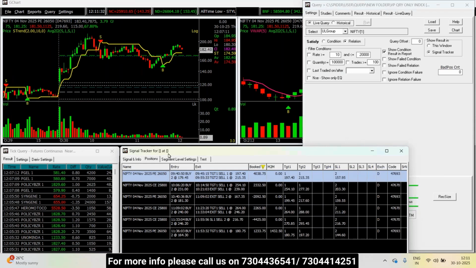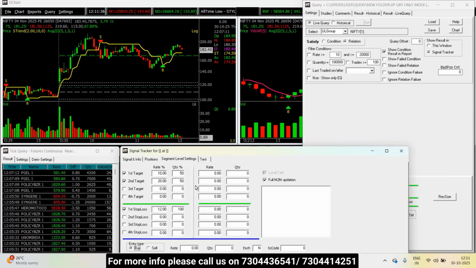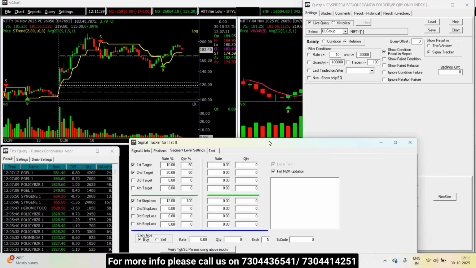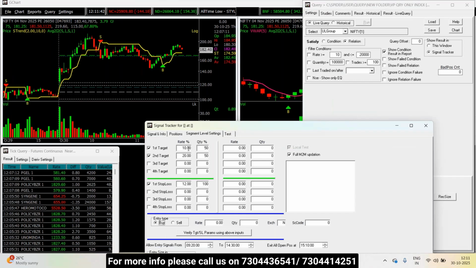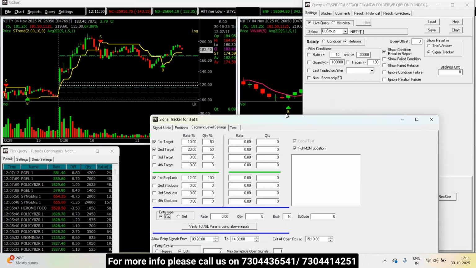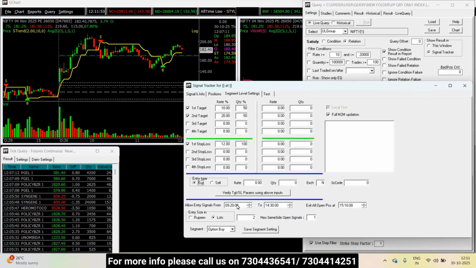In this signal tracker, it is an algo, and we have the risk management system here. Here we have the target and the stop loss. The first target is 10% and the second target is 20% from the underlying price, and the stop loss is 12%. I gave entry signals from 9:20 to 2:30.